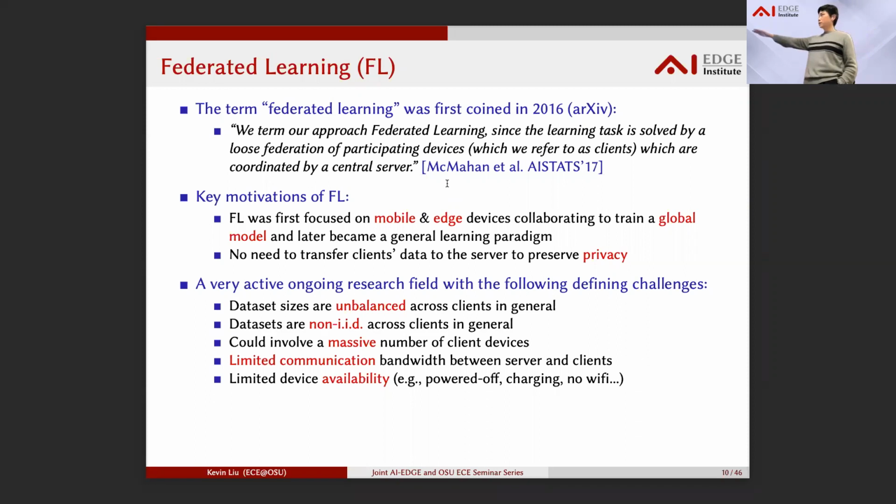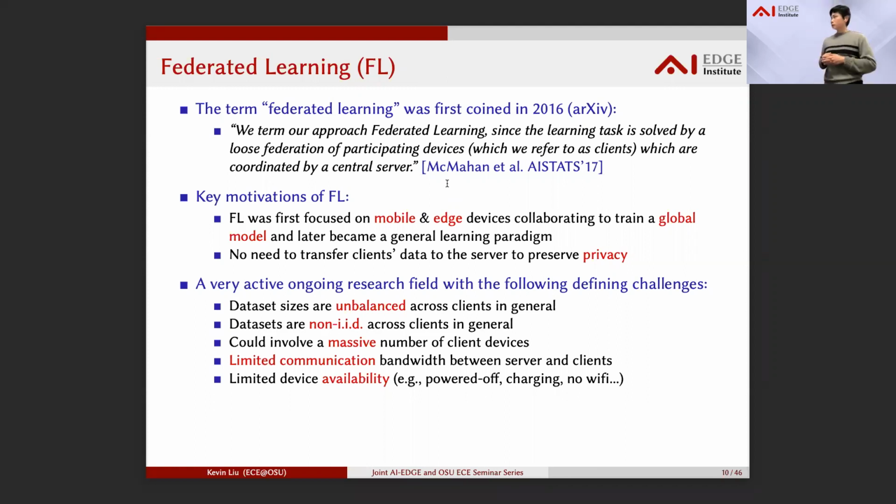First of all, as I mentioned earlier, these data sets are local, right? And you cannot assume they're of equal size. Right? The data set size could be unbalanced. The data sets could be non-IID, and sometimes the number of devices, or clients in the literature, could be huge.